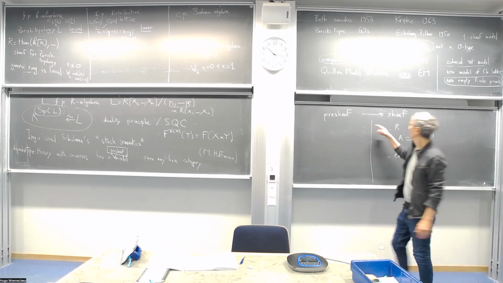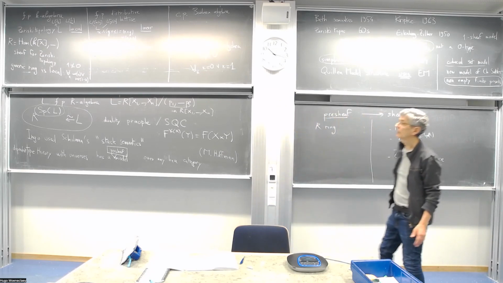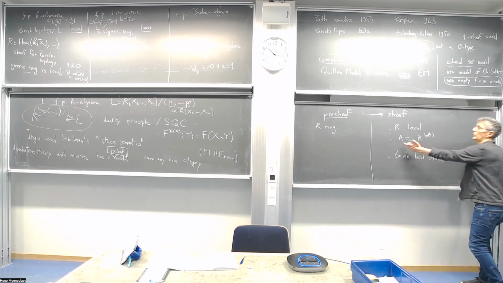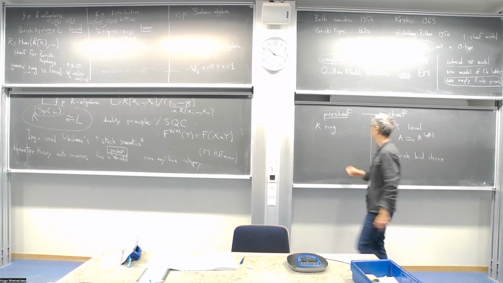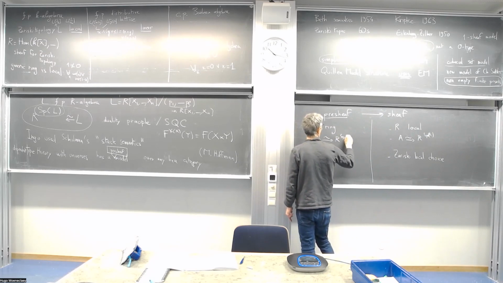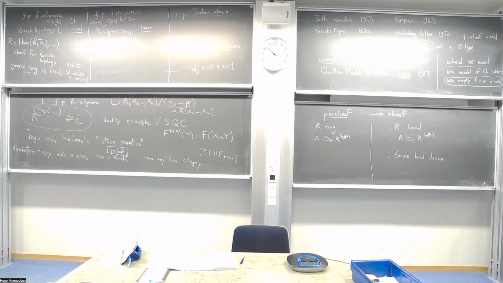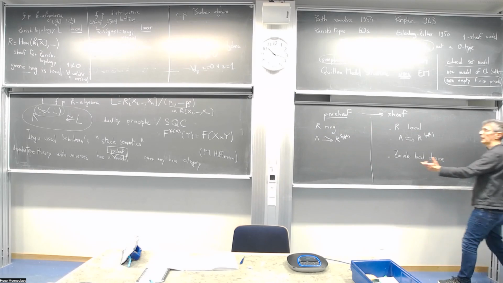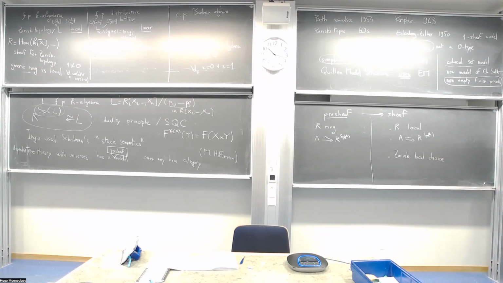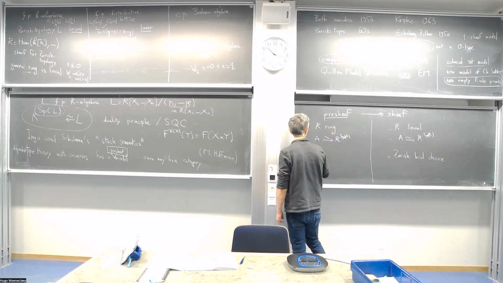So what are the properties? In the presheaf model, R is simply a ring. This R, which is a presheaf, is a ring. But we do have this valid at the level of presheaf, for A a finitely presented R-algebra. And we don't have Zariski local choice, but we have instead something nicer actually: Spec A is internally projective.